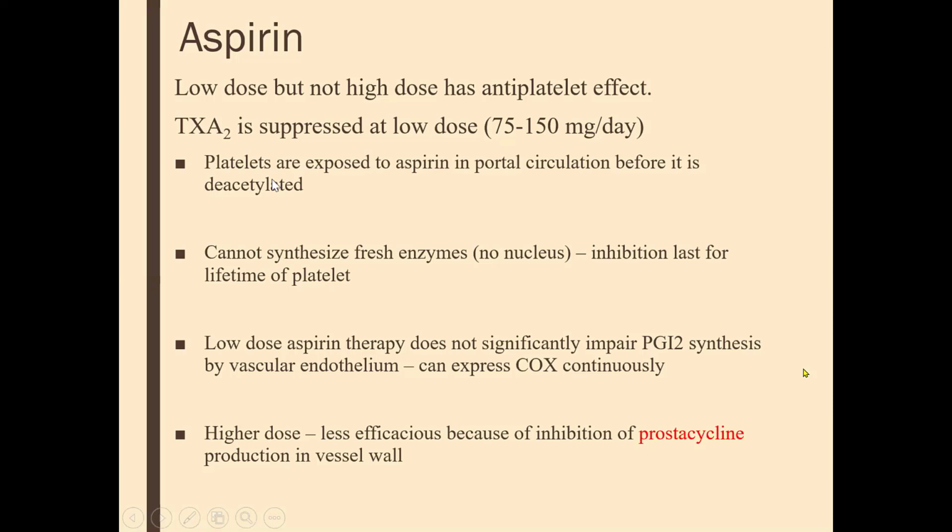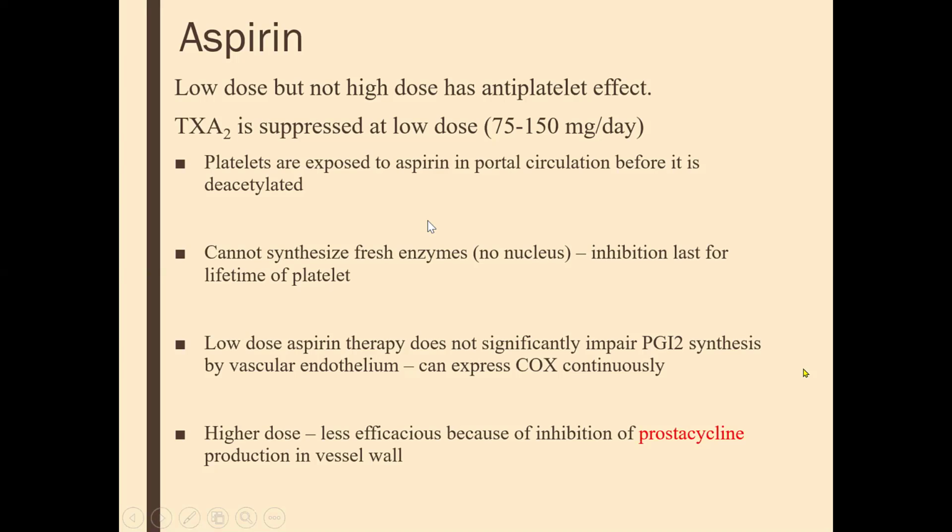Platelets are exposed to aspirin in the portal circulation before it is even metabolized, meaning before the drug is metabolized, the platelets are exposed to it, and that effect will be cumulative.